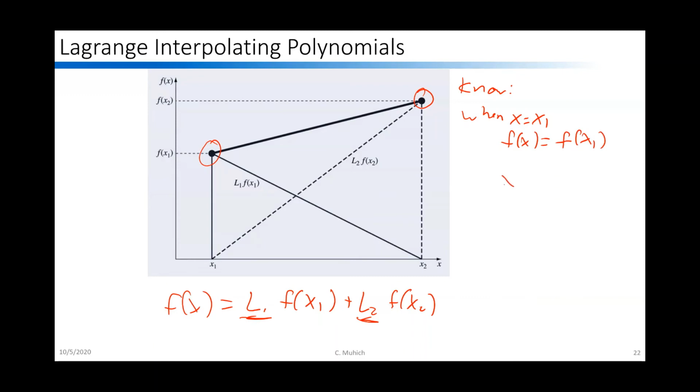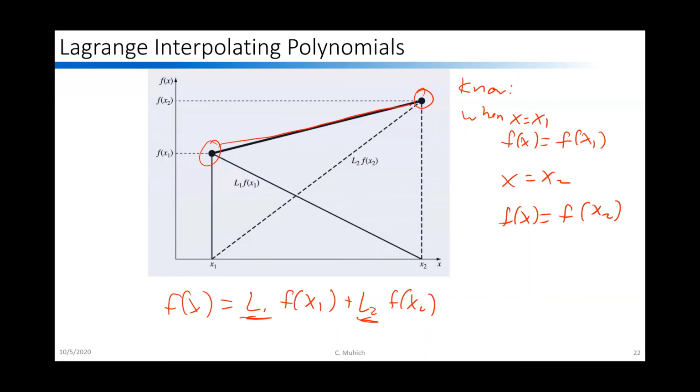And similarly, when x equals x2, f of x should be equal to f of x2. And they should be somehow proportional to this idea. And when we're in between there, it should be proportional.